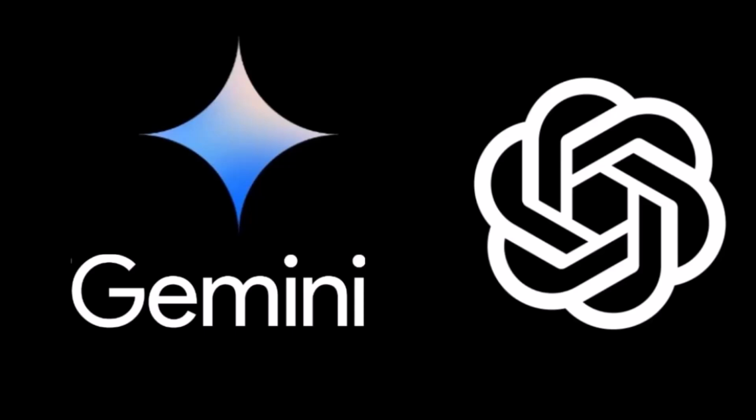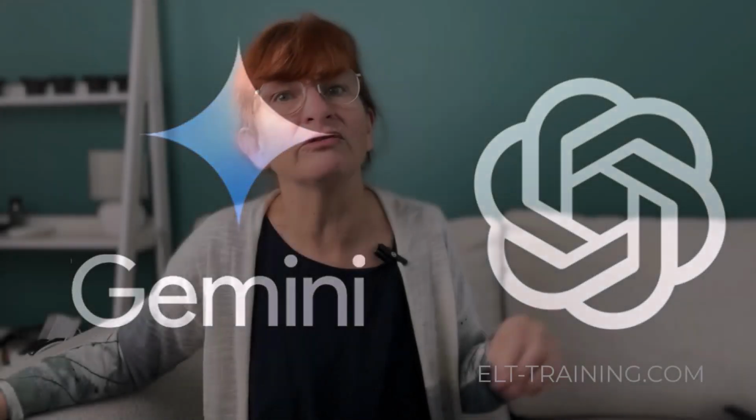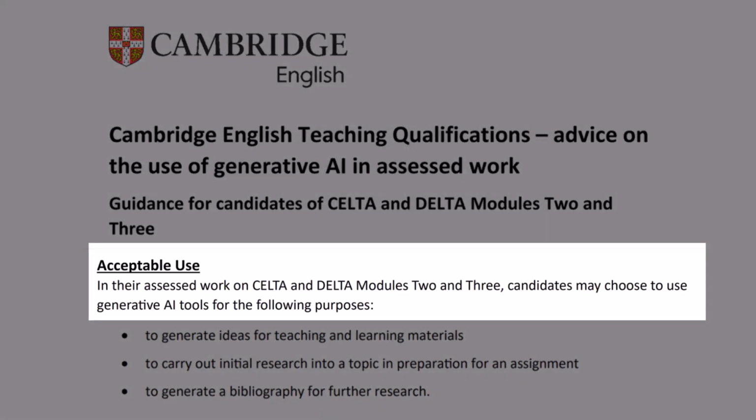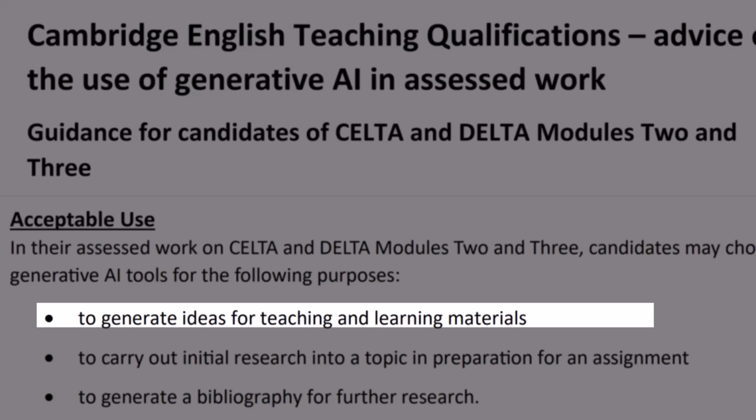The official guidance that Cambridge has put out can be found in the link under this, but the main thrust of it is that AI generated content from tools such as ChatGPT or Gemini is acceptable for CELTA and Delta modules 2 and 3 for the following reasons. Number one, to generate ideas for teaching and learning materials.